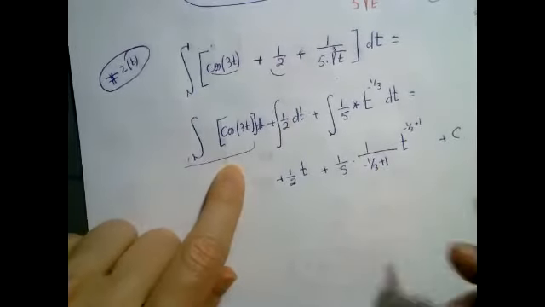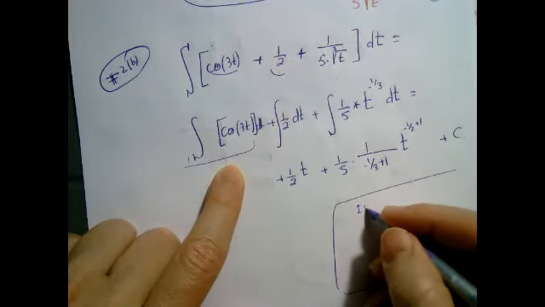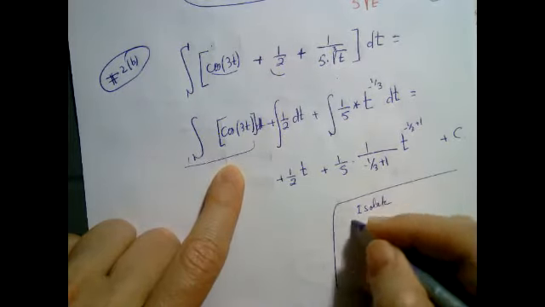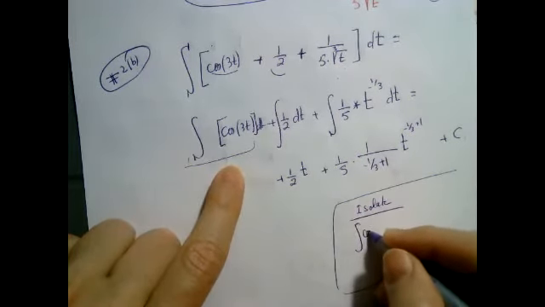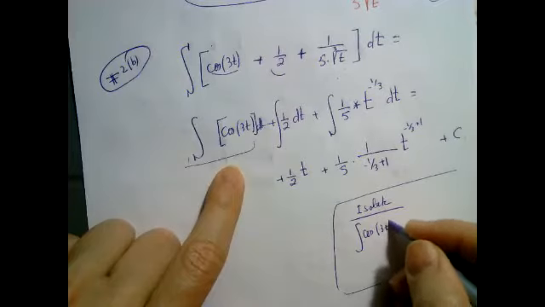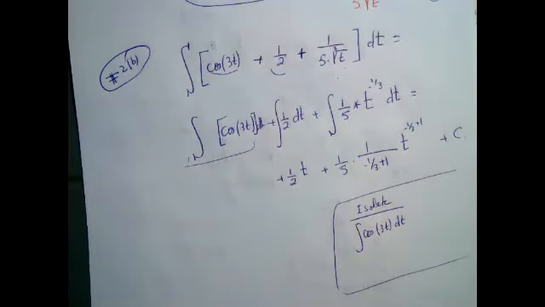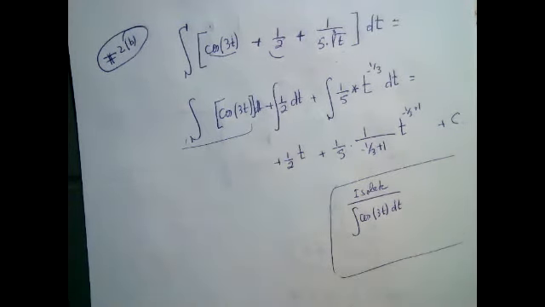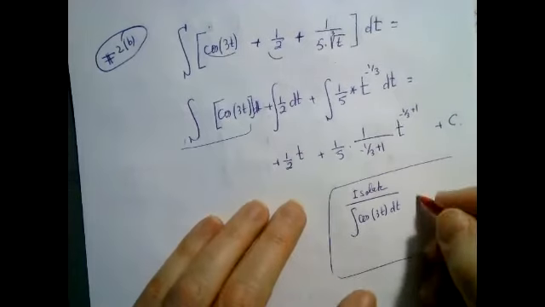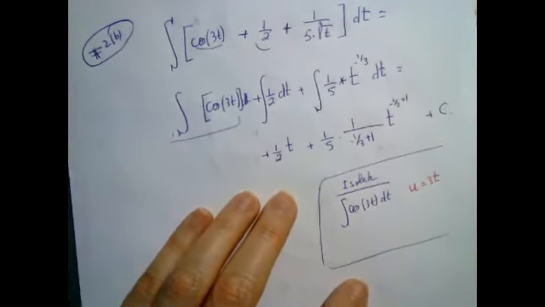Whenever I have an issue, something that I will do a lot once you go back, I usually isolate the problem which is giving me a headache. The minute I have an inside function, I have to start thinking substitution. Do not confuse integration with differentiation. u will have to be 3t.